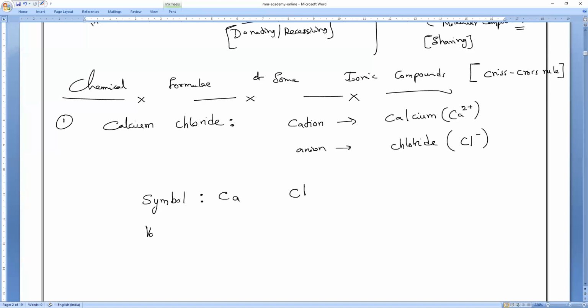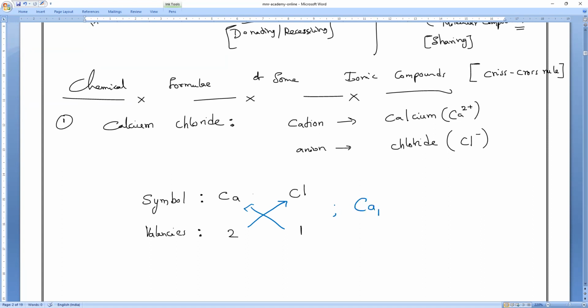Okay, next, valencies. You need not represent positive or negative, just write the number. Calcium valency, 2. Chlorine valency, 1. Next, you make the crisscross. So what will happen?